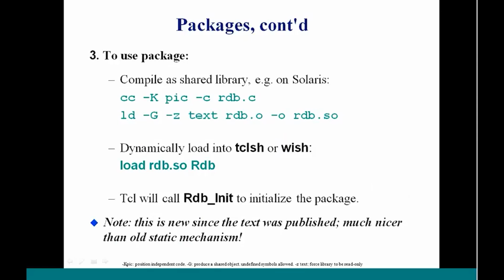Now if you want to use the package, we need to compile this as a shared library. So here we do the cc compile: rdb.c, we compile that, and then we link it as rdb.o and the output is rdb.so. Now we can dynamically load it into the Tcl shell or wish.